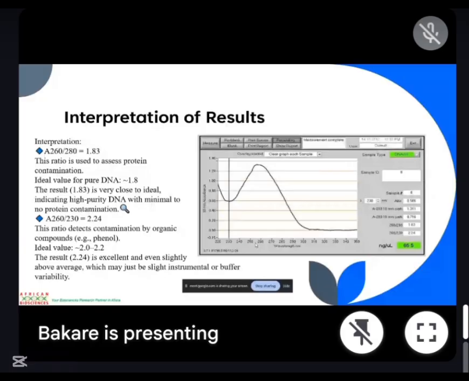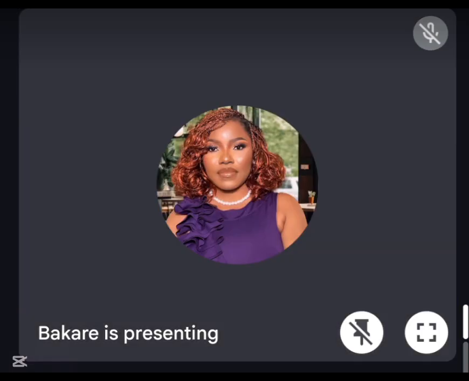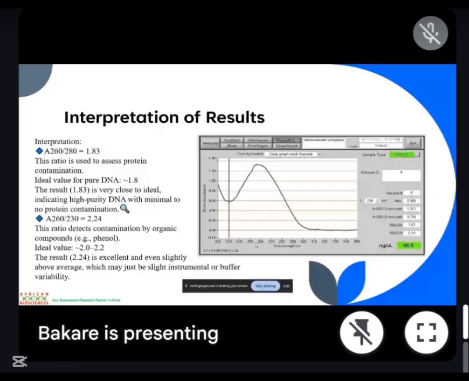So let's say this is my own DNA, the DNA we all extracted earlier. Now I'm going to interpret this result. If you can see, our 260/280 is 1.83, and our 260/230 is 2.24.